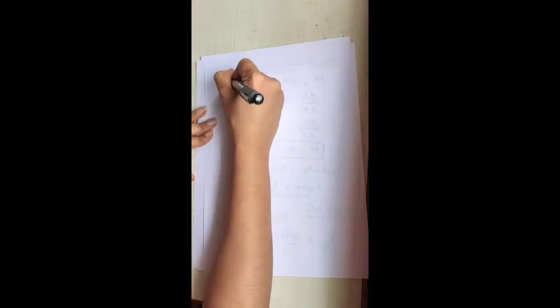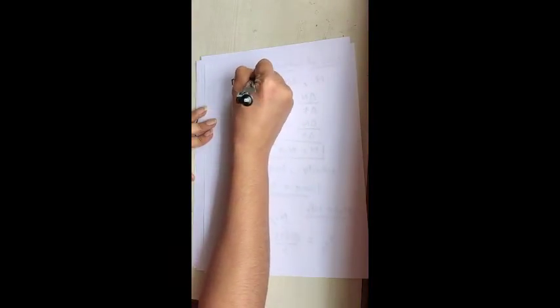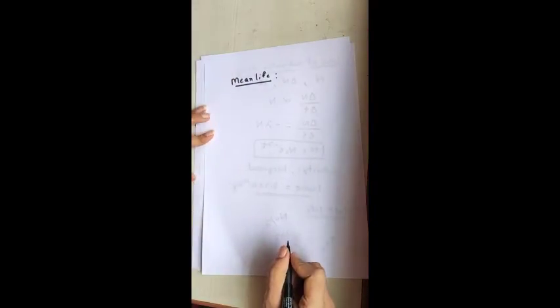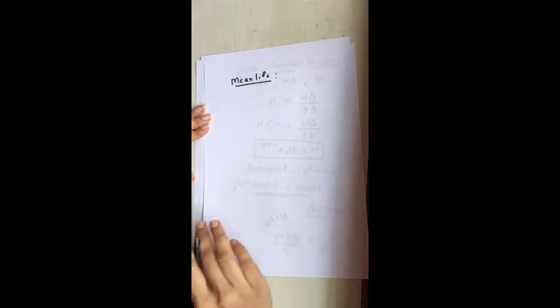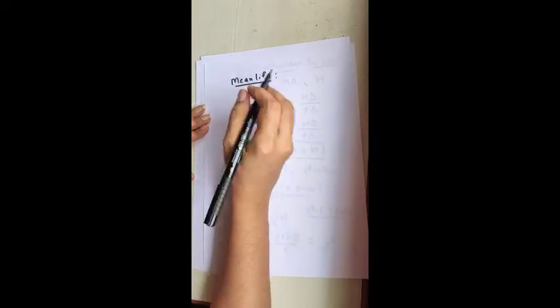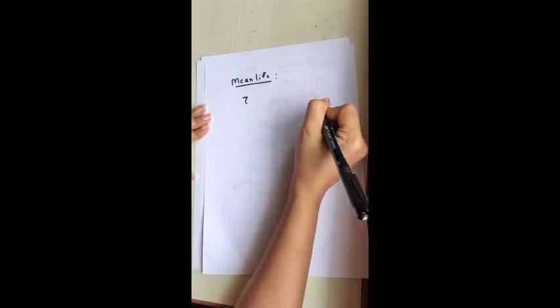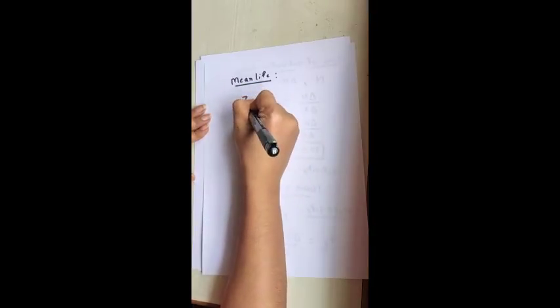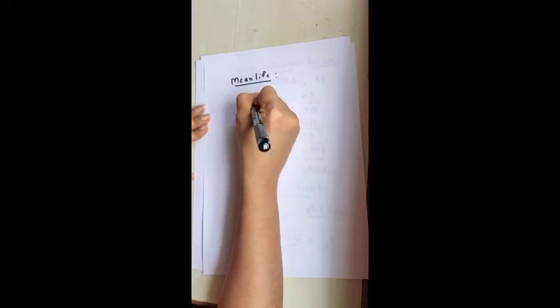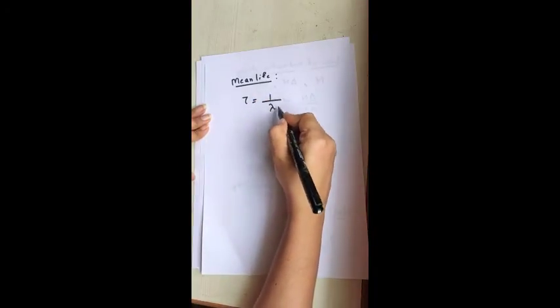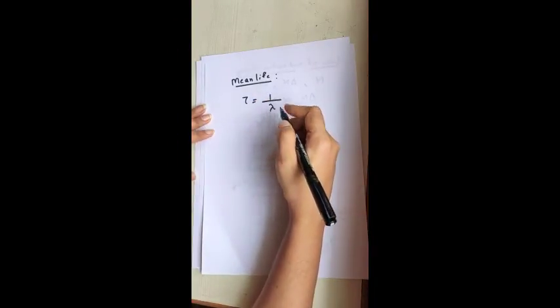Next, it is mean life. Don't get confused between mean life and half-life when it is asked. Mean life is the average life of all the nuclei of the atoms of the given radioactive substance. Mean life is denoted by tau. Tau equals 1 divided by lambda; it is inversely proportional to the decay constant.